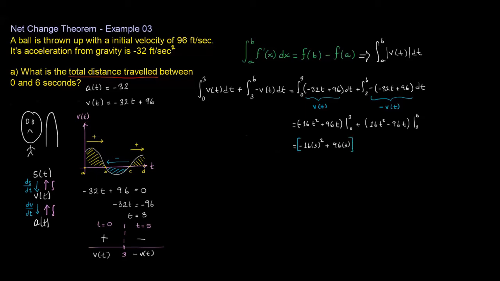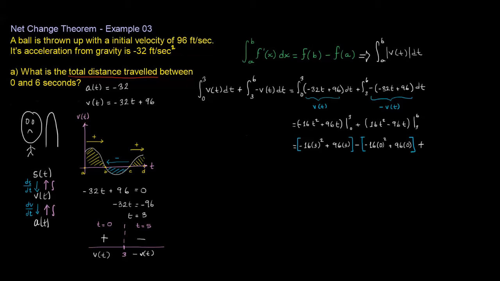It will be minus the evaluation at 0, which will cancel out, but I'm going to write it anyway: negative 16 times 0 squared plus 96 times 0. And there will now be a plus.